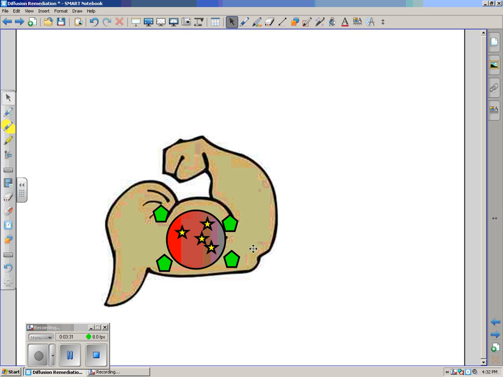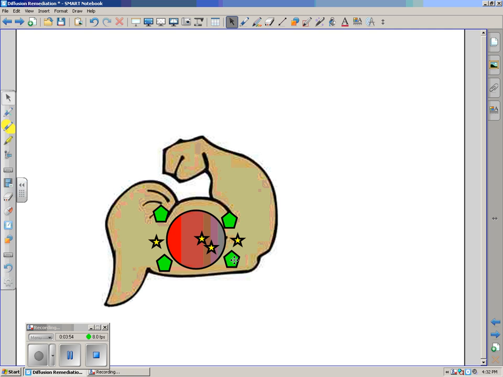So in terms of a high and low, there's a high amount of oxygen inside the red blood cell, but there's a low amount in the bicep. So we would expect that the oxygen would move from a high to where there's a low until we have an equal amount in both places. Now you'll notice I have these green pentagons here, and that's because inside the bicep we've been carrying out respiration, which produces carbon dioxide.